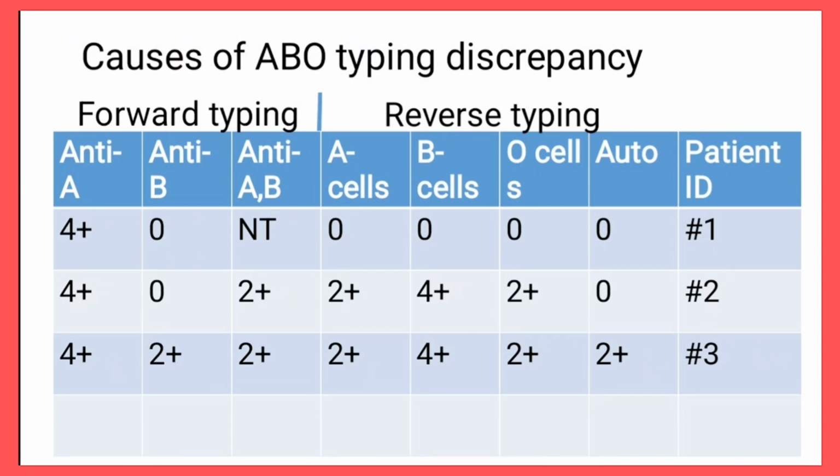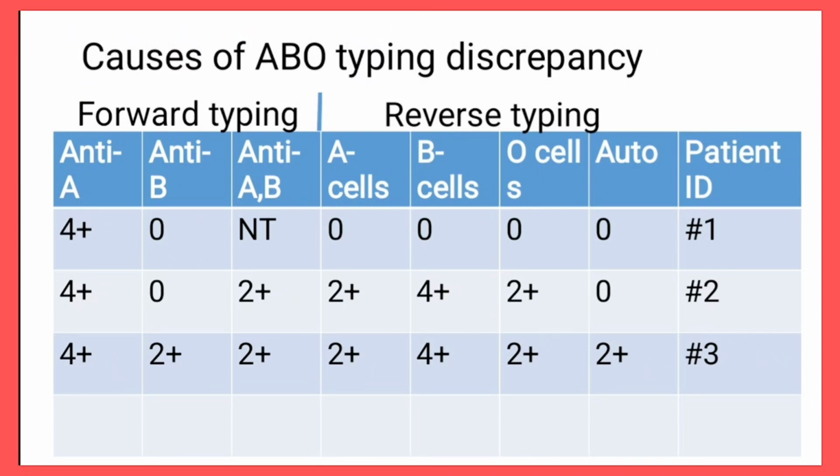It doesn't mean that we are going to relegate the weak ones, but it helps us investigate why we have that weak reaction in the first place. So if you look at this patient, there's a strong reaction on the forward group with anti-A, and a strong reaction on the reverse group with B cells, which obviously confirms that this patient is blood group A, meaning it has antigen A and antibody B.